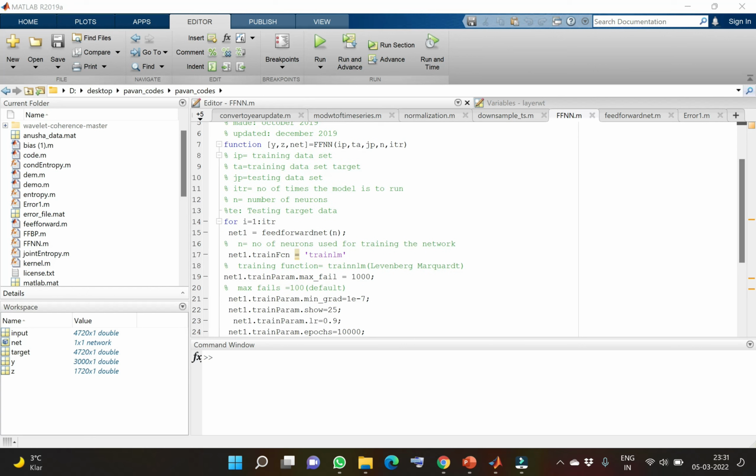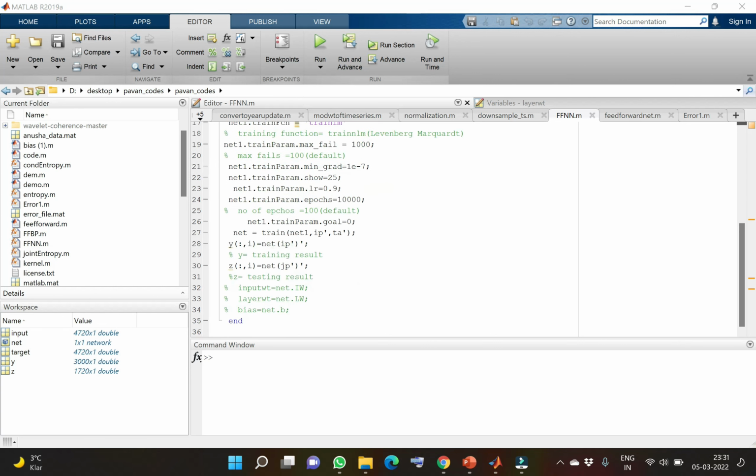As I mentioned, I did not include weights and other components in this code, so we'll see how we can include the weights and get the weights of the input layer, hidden layer and the output layer, and also what the various biases are, based on which the neural network is being trained.